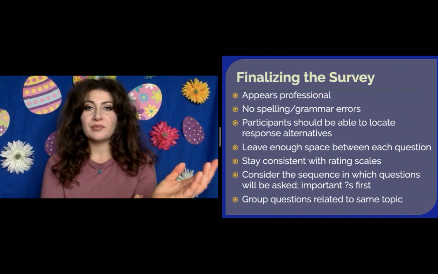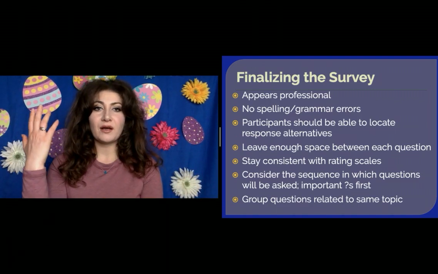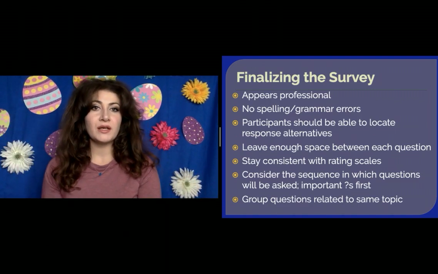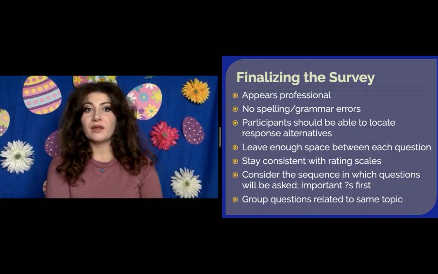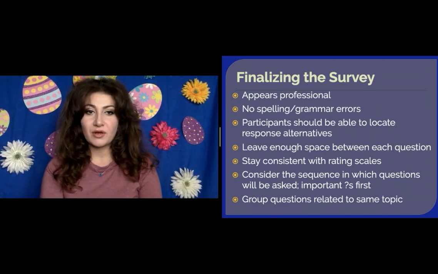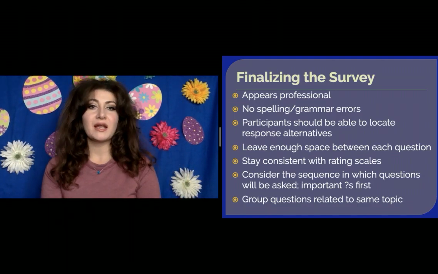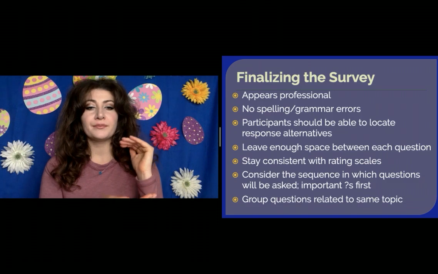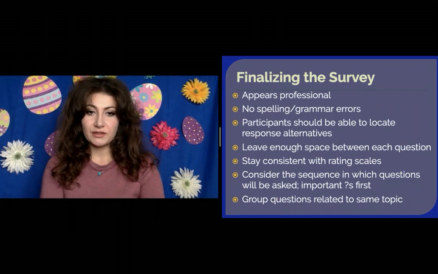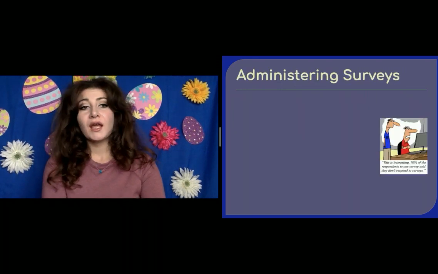You don't want to jump all over the place and ask them how they felt about the ease of use for task 1, and then ask them how likely they are to recommend this product to someone else in question 2, and then jump back to task 1 in question 3. Generally group your questions as they're related to each topic.